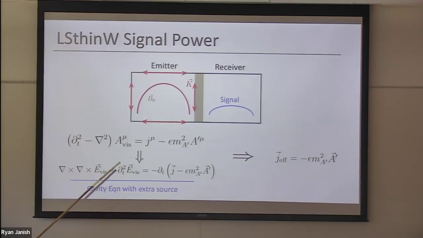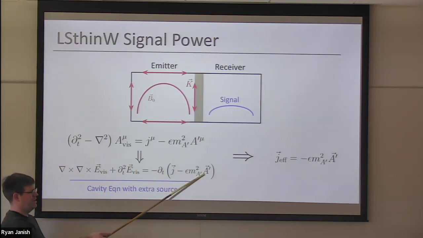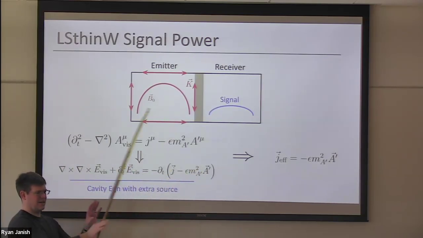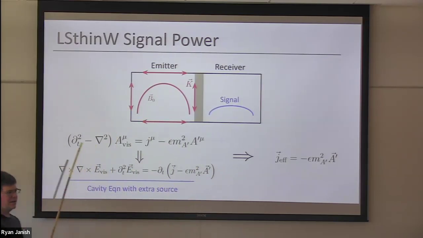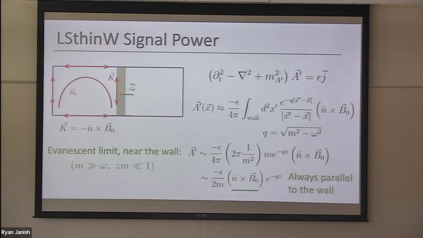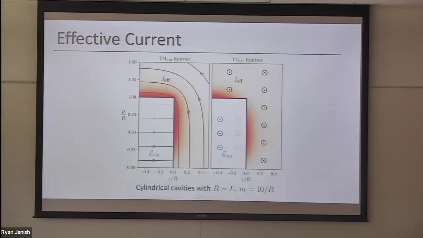That's right. It's also the fact that this is just a source for the visible field. It's just the fact that the propagation field sources the visible field. You could write this in terms of visible and invisible, and then you have extra epsilons. So this is an exact calculation of that.